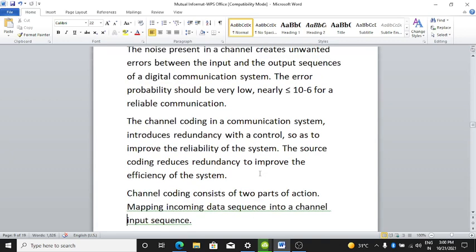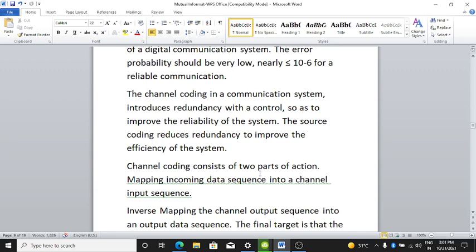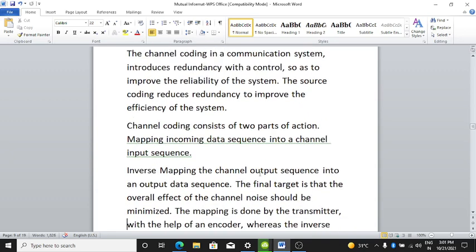The channel coding in the communication system introduces redundancy in a controlled way to improve the reliability of the system. The source coding reduces redundancy to improve the efficiency of the system. Channel coding consists of two parts of action: mapping the incoming data sequence into a channel input sequence, and inverse mapping the channel output sequence into an output data sequence.